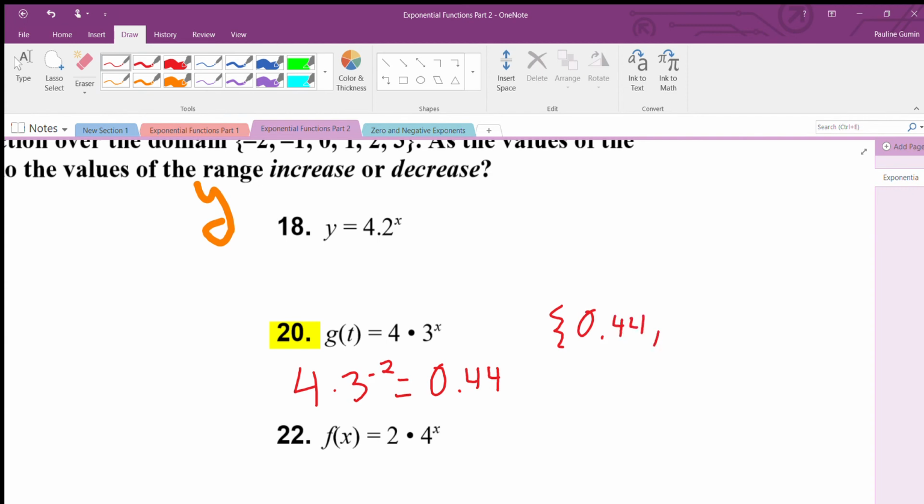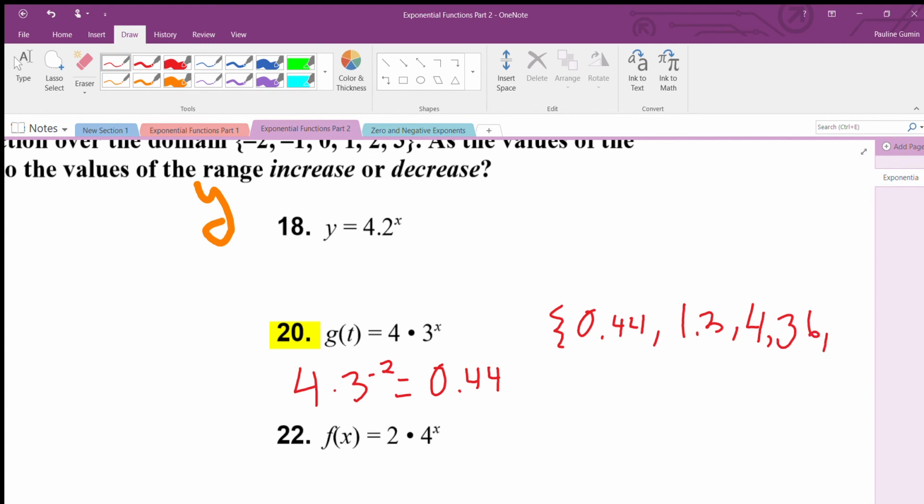Okay, I'm just going to go ahead and math it out. All right, let's plug in -1, multiply that by 4. Let's do 3 to the 0 times 4. That would be 4. 3 to the 2nd times 4 is 36.